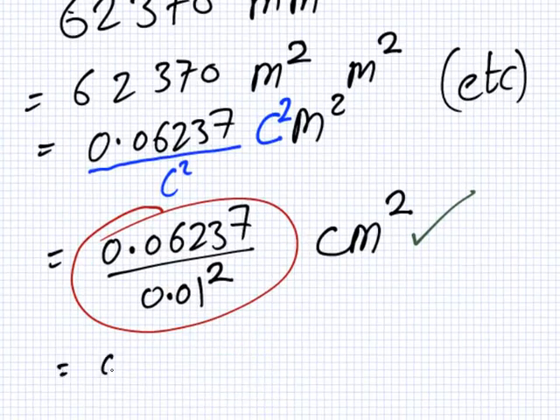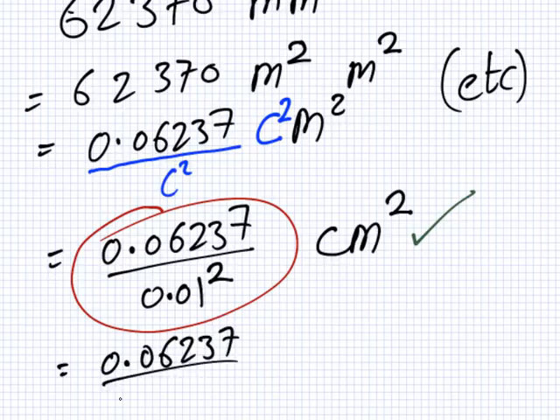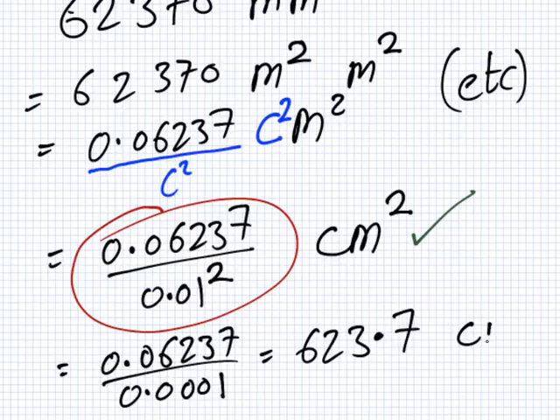So now I just need to clean this up. So this will be 0.06237 over 0.0001, which is 1, 2, 3, 4. 623.7 centimeters squared is the answer then.